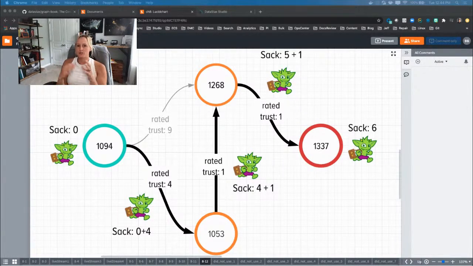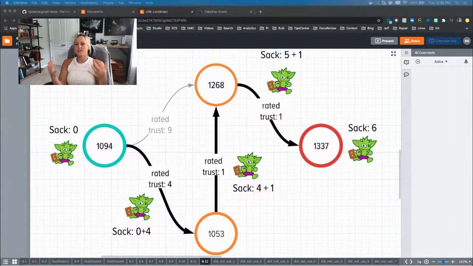Because you want to say, does 1094 trust wallet 1337? And the only way we can understand, because 1094 and 1337 did not exchange Bitcoin on this network, is that we have to look at the data to figure out if they should trust each other. Okay. So 1094 has a high trust relationship with 1268. And 1268 is like, I'm neutral, maybe trust a little bit, 1337.